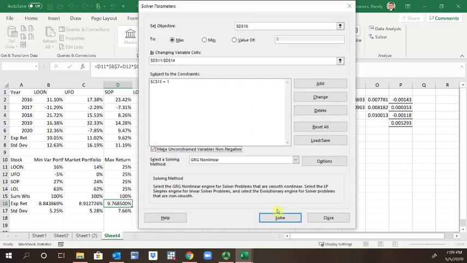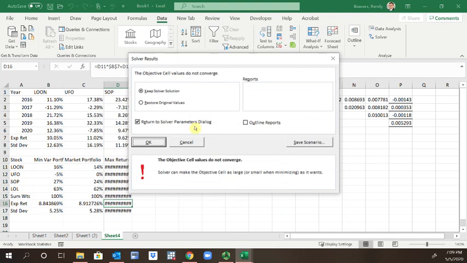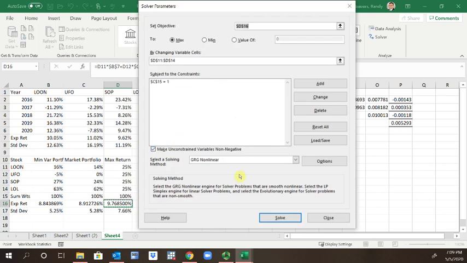Let's make them non-negative and solve again. Interesting. So we're maximizing return by changing these variable cells, subject to the weights having to equal 1.